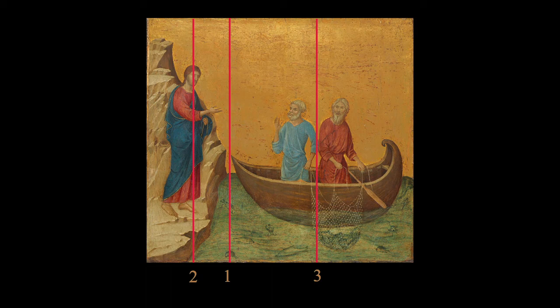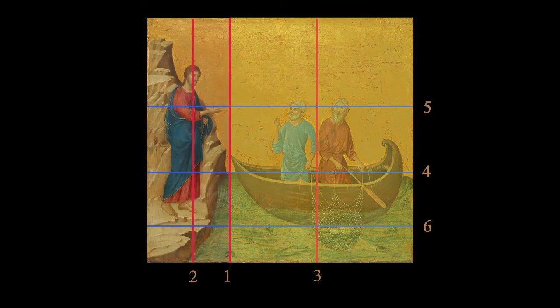The vertical divisions of space are indicated by the horizontal blue lines, with line 4 indicating the major division, and lines 5 and 6 indicating the spatial subdivisions. Line 1, the primary division of horizontal space, stands between the vertical figure of Christ standing on the vertically oriented bit of shore and the horizontally oriented boat containing the apostles Peter and Andrew and the sea.